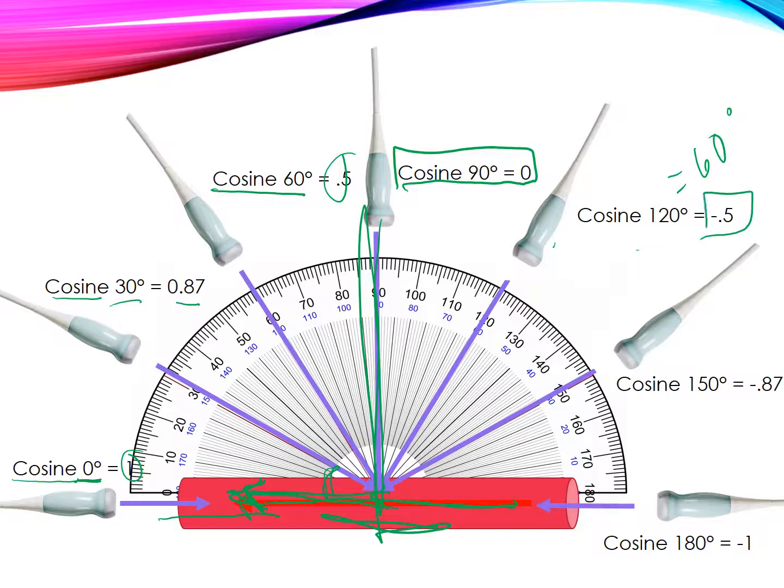So we get that negative number. As we move down, this is still a 30-degree angle, but it's still moving away from our transducer, so we get that negative 0.87. And then again, cosine of 180 puts us back parallel with the blood flow, but all of the blood is moving away from our transducer, so we're going to get that negative number again. And 180 is the same as 0.